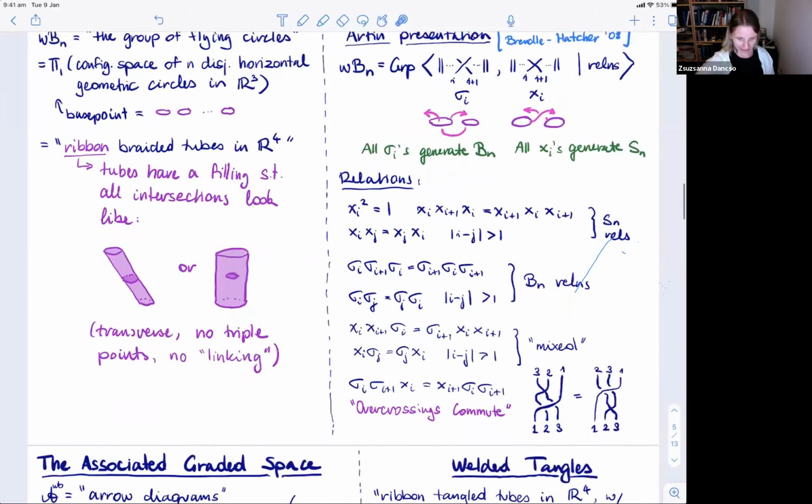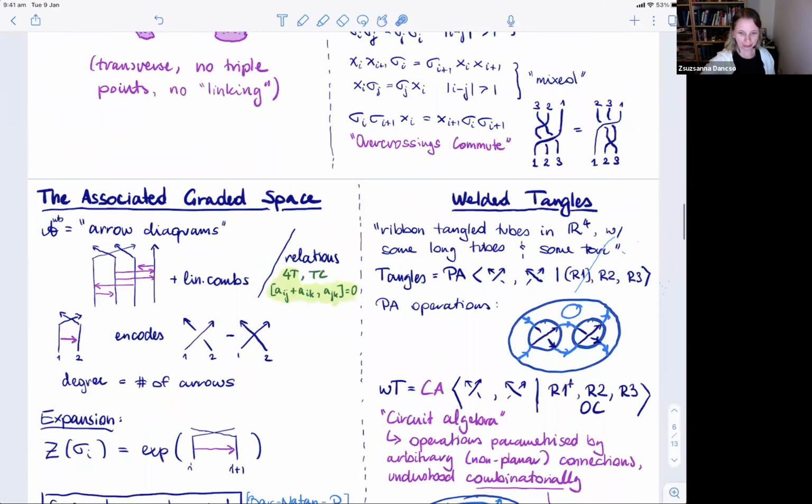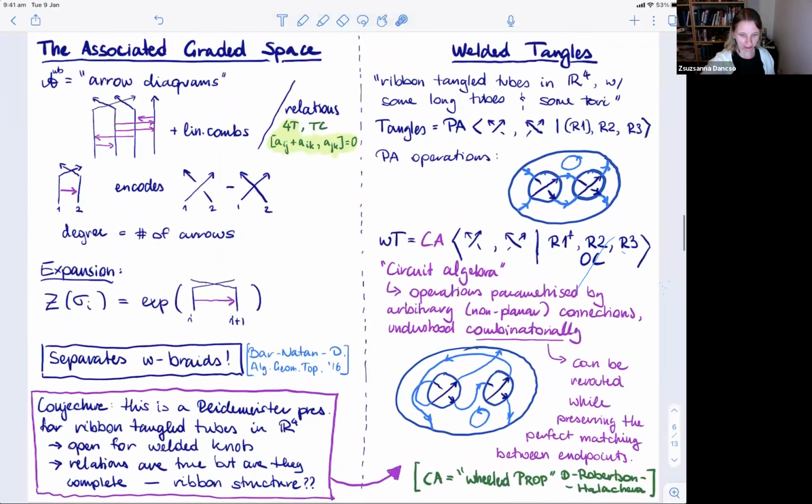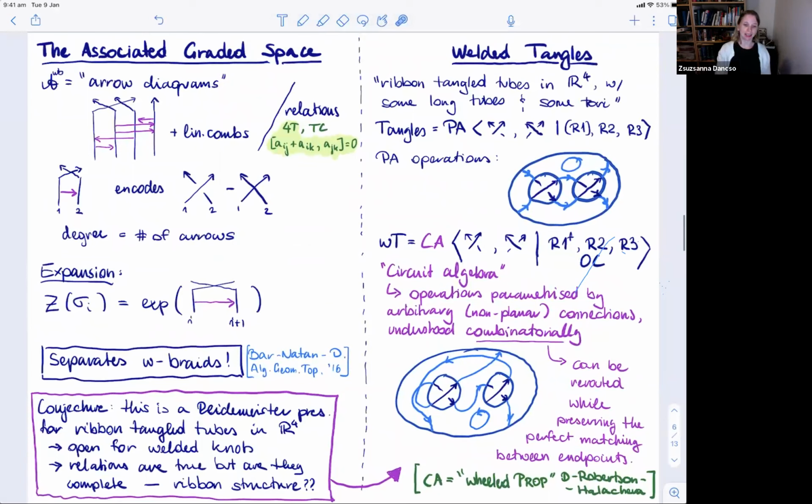So that's welded braids. The associated graded space of that is a welded version of chord diagrams, which are now arrow diagrams. So the chords become oriented. And the reason for that is because in the classical, say, parenthesized braids, the crossings corresponded to a swap of places, which is sort of a symmetric thing.